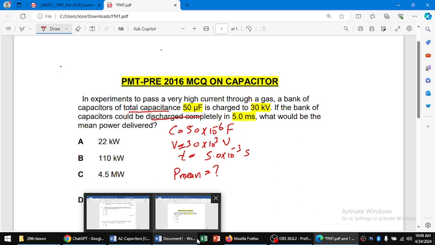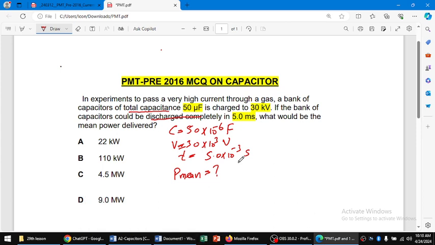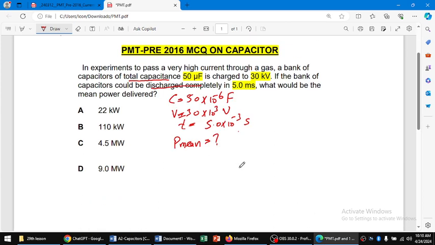In order to find the mean power, we use the formula P is equal to W over t. Power is the rate of doing work, and in the case of capacitors, the work done on the charges appears in the form of energy stored in the capacitor. So we can say energy stored E over time t.